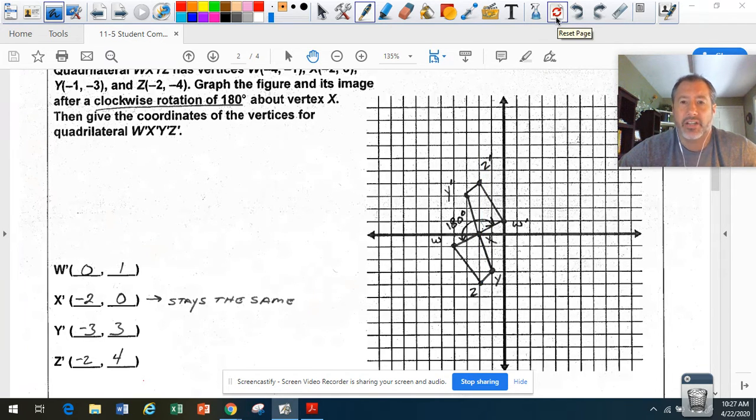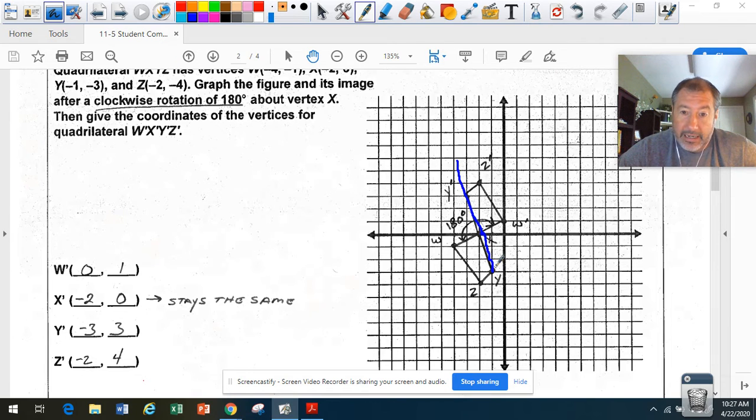Okay, let's look at our Y. That works pretty much the same way as the W did. So if we look here, here's my Y right here, and here's my X, my center of rotation. If I draw my line and bring it straight up through my X and continue on through, what is my slope here?